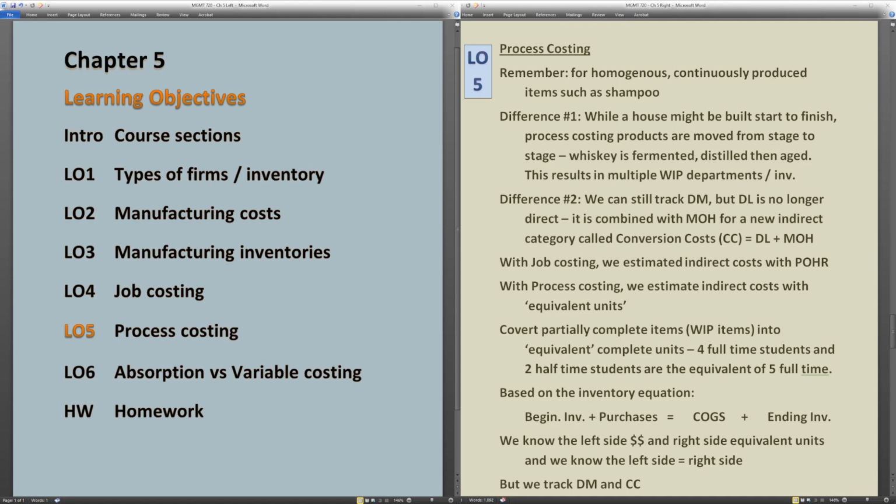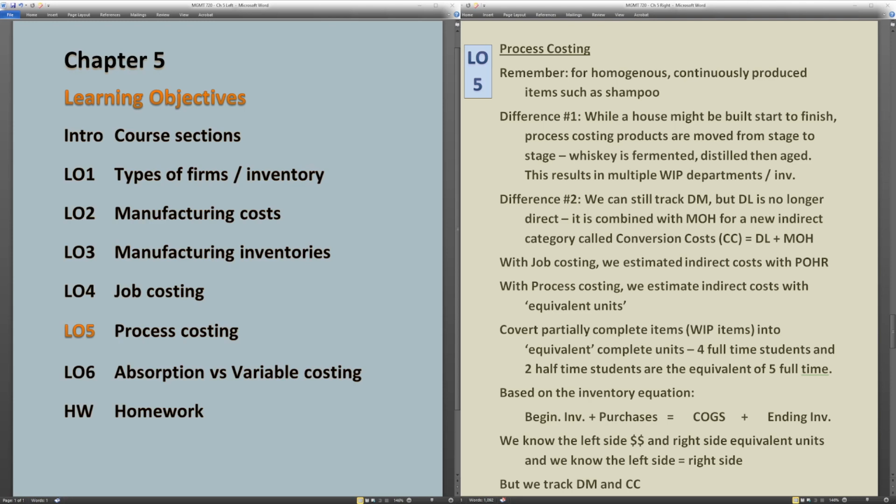Our whole process costing is just like with job costing. Our most important thing is that we don't know what the indirect costs are, so we need to estimate them. Under job costing, we estimated the MOH with the predetermined overhead rate. With process costing, we estimate the indirect costs, the conversion costs, with something called equivalent units. And what is an equivalent unit?